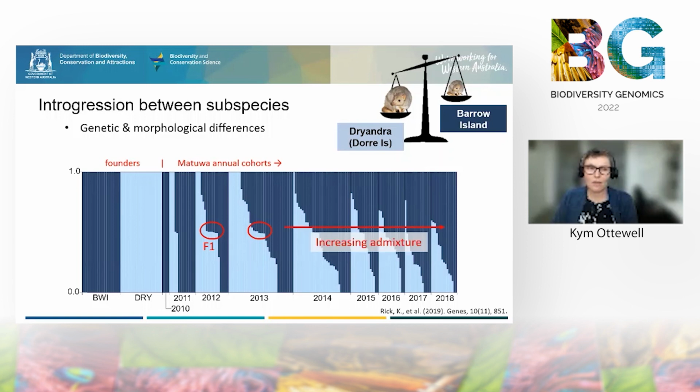And then over time, she detected increasing admixture in those populations, which led to an increase in observation of F2 and back-crossed hybrid individuals. So just on the surface, this indicates that interbreeding between the two different subpopulations has actually been successful, and that later generation hybrids are also being formed in this population.